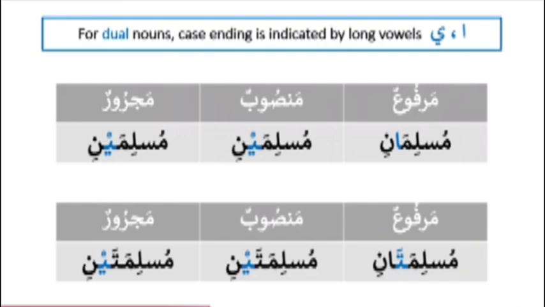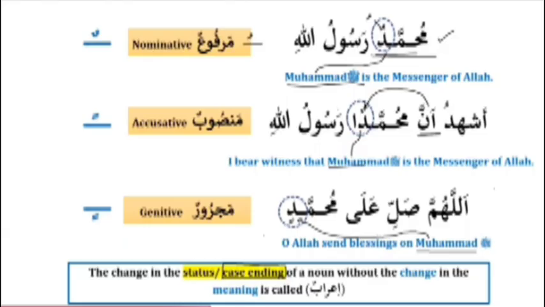Now let's talk about the dual. Yeah, so as I said, tanween is basically the short sound. It's the short vowel. Tanween is not a long vowel.